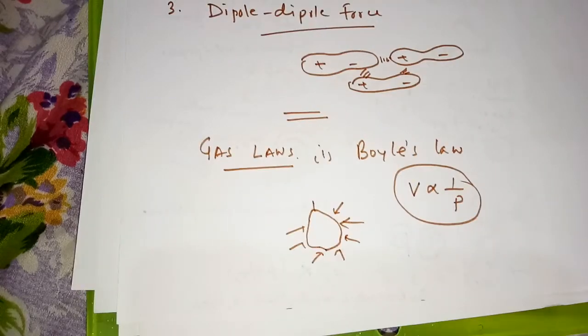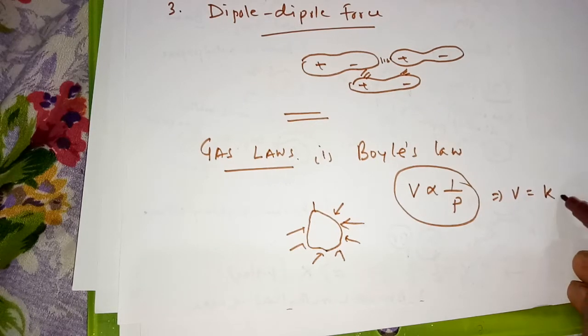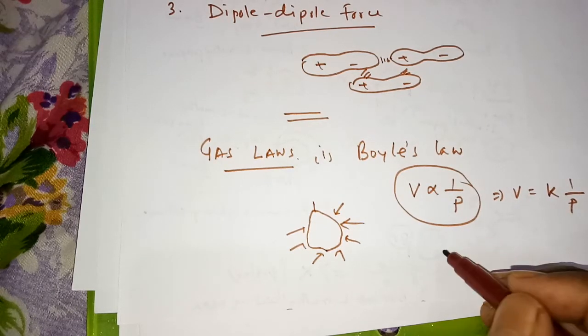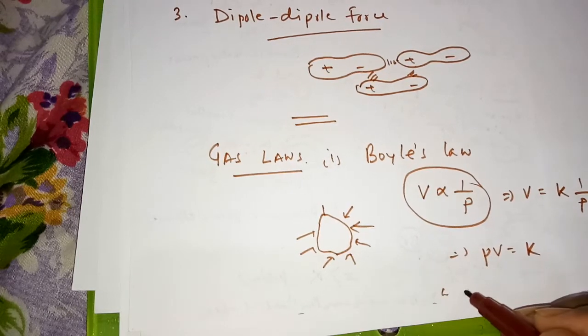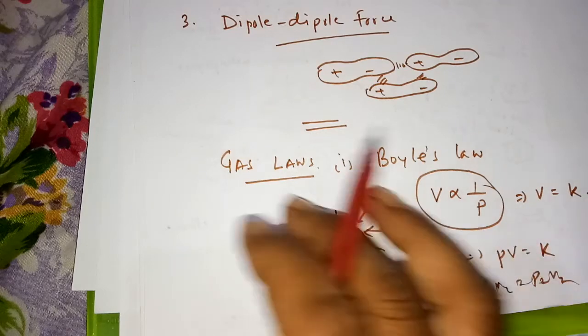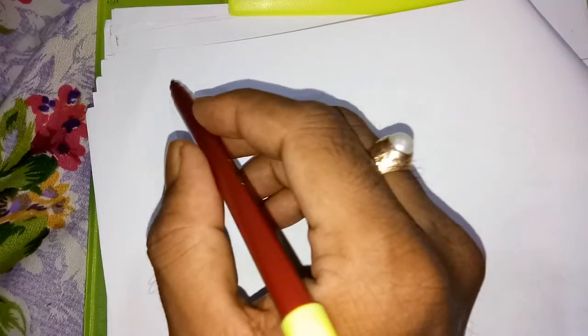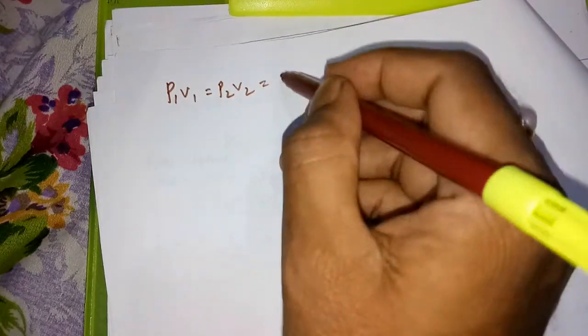This is what is called Boyle's law. Or you can say that volume equals some constant K into 1 by P, which implies PV equals constant. So the law becomes P1 V1 is equal to P2 V2 equal to constant.